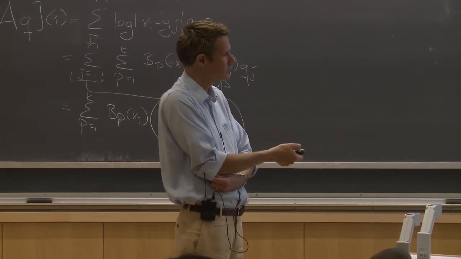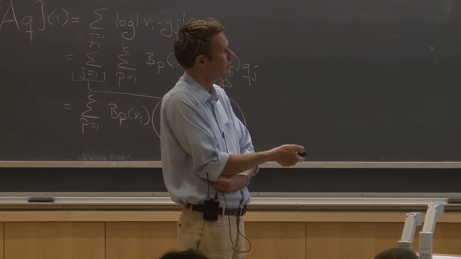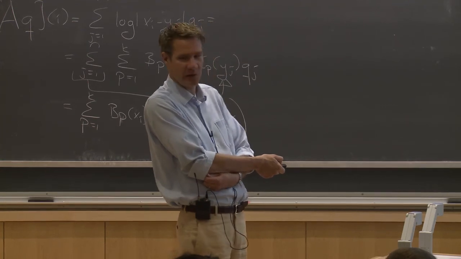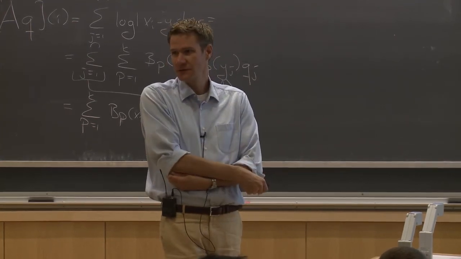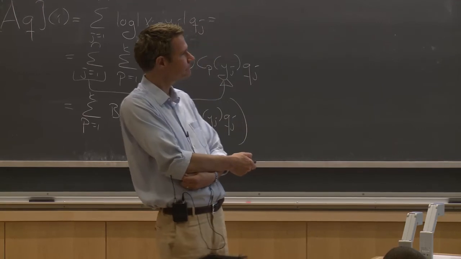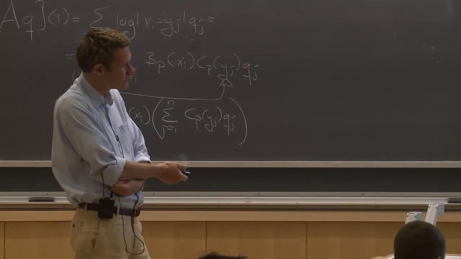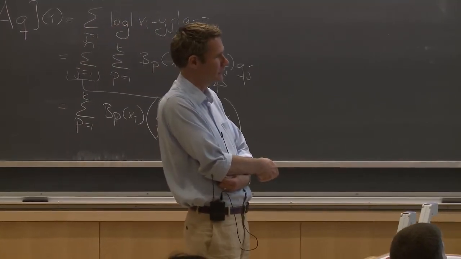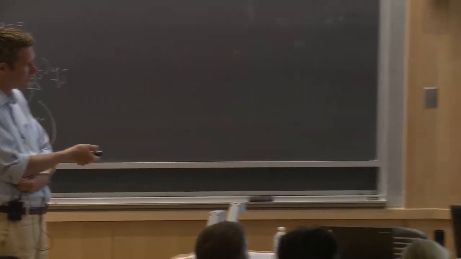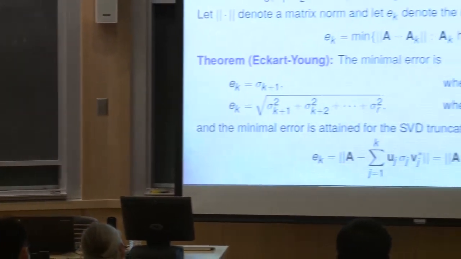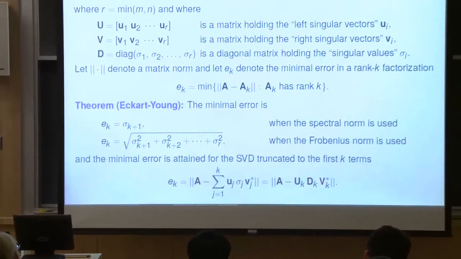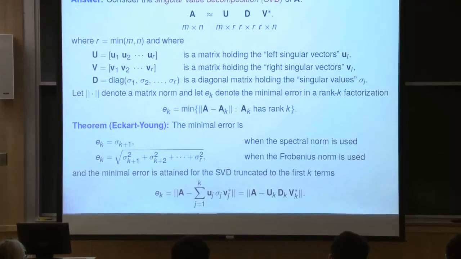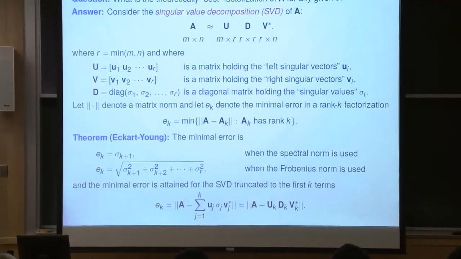This is if you use the spectral norm, and when you use the Frobenius norm, the minimal error is a little bit larger, but it's still given by the singular values that you leave out. And the best possible rank K approximation is given precisely by the first K terms in the singular value decomposition. So that's my definition of this: U sub K, D sub K, and V sub K. It's just the truncation of these matrices to include only the first K components.